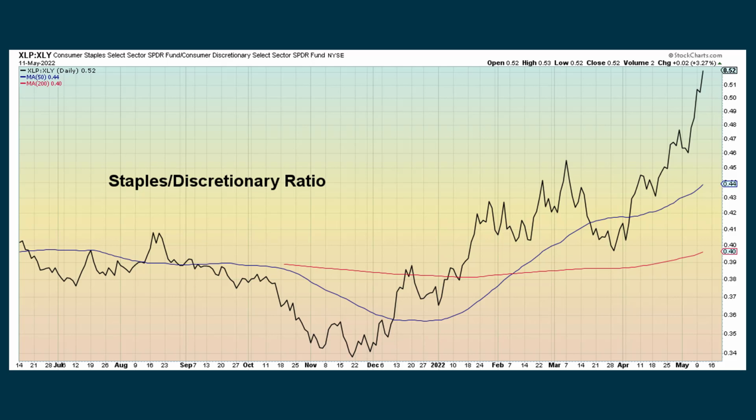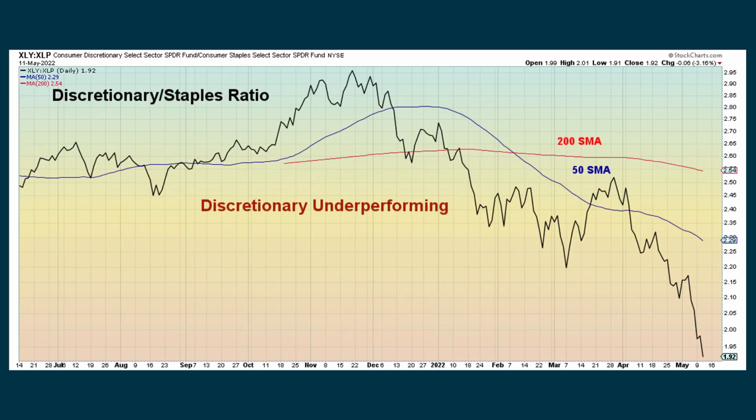In a good, healthy economic environment, discretionary will outperform staples. That's not what we're seeing right now. People are really focusing more on the things that they have to have instead of just the things they want to have. And this also just looks at that same relationship in an inverse way. Discretionary has really been underperforming staples.